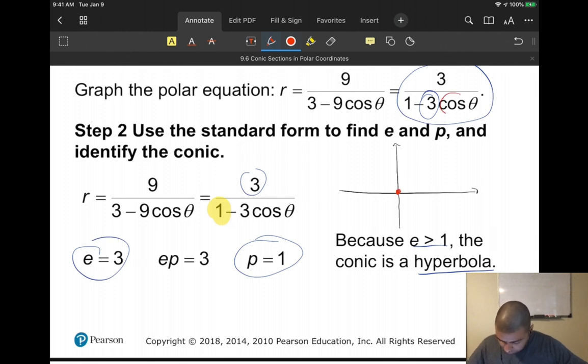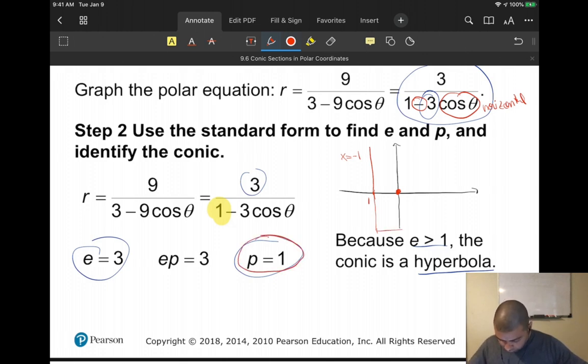Because this is cosine, that means my hyperbola is horizontal. And because this is minus, the directrix is to the left. So p is 1, so it's 1 to the left. So that's x equals minus 1. This is 1 here, because p is 1.